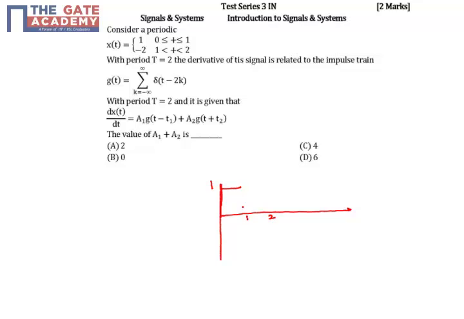And between 1 to 2, its value is minus 2. This is a periodic signal. So if I draw one more cycle, it looks like this, right? Similarly, it will be in the negative direction as well.